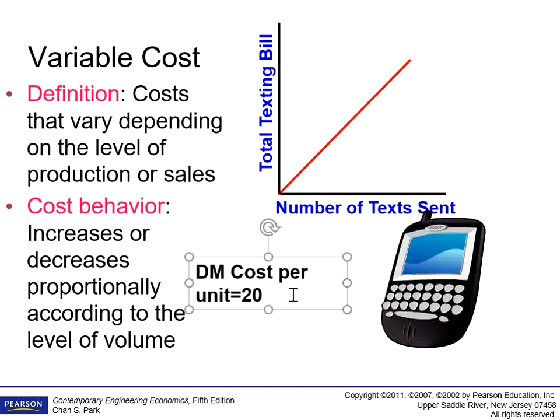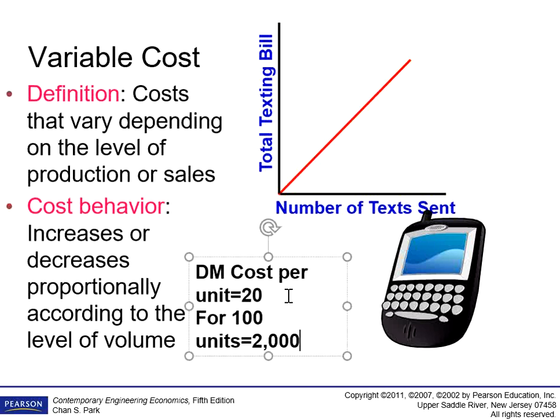Now, what is the cost of the material for 100 units? For 100 units, how much will the cost be? 20 multiplied by 100, right? So it is 2000.